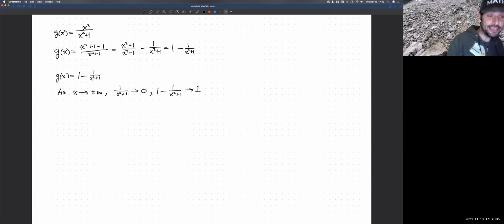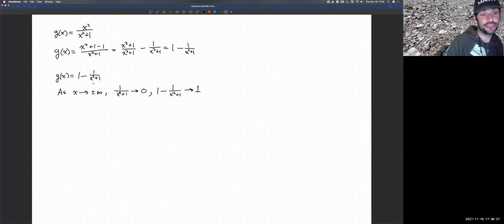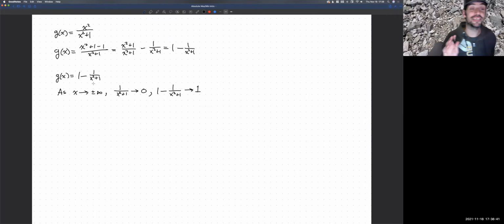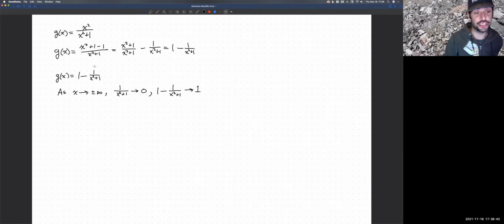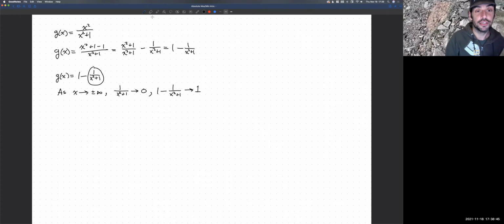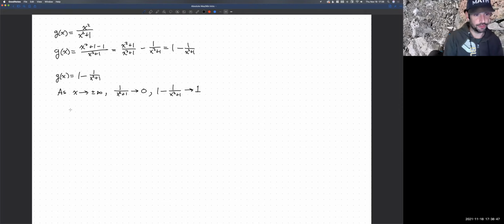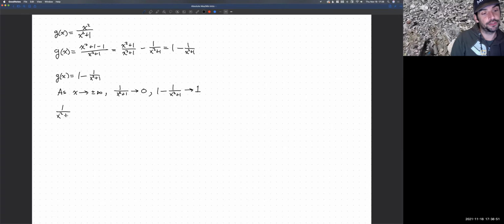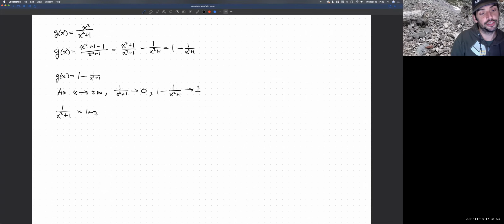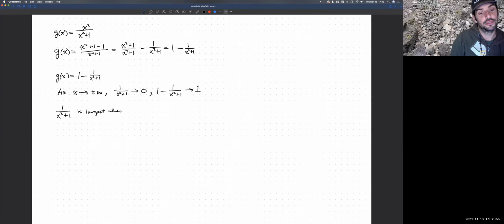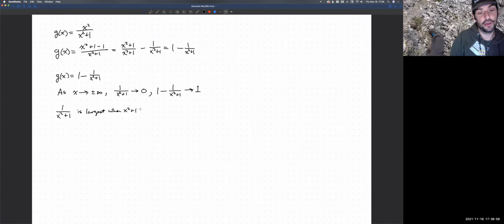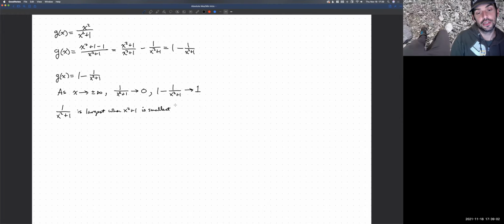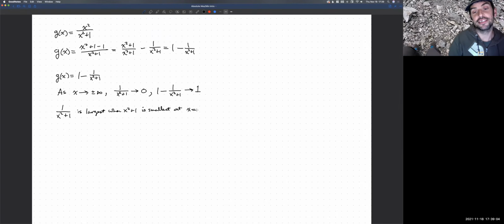Remember, 0 is the smallest this denominator is going to be, which means it's the largest this fraction is going to be. Let's just write this out. That 1 over x squared plus 1 is largest when the denominator is smallest, when x squared plus 1 is smallest, and that happens at x equals 0, right?